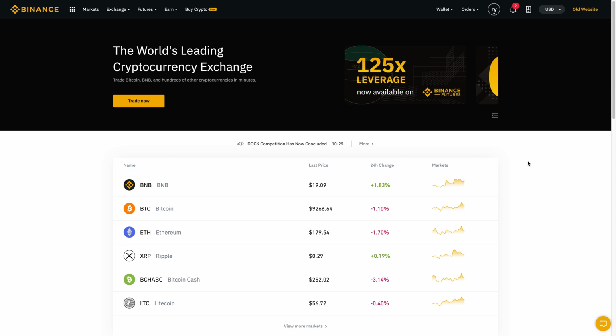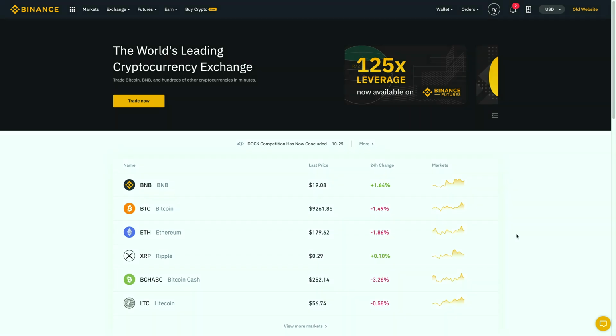So one thing about cryptocurrency trading or exchanges is that once you send your coins to the exchange, they really don't have an obligation to give those coins back to you when you request it. So if you send your cryptocurrency to Binance and they close shop, you might not get those coins back. But that's the case with most exchanges anyways.